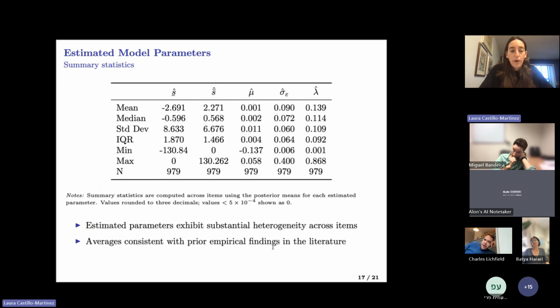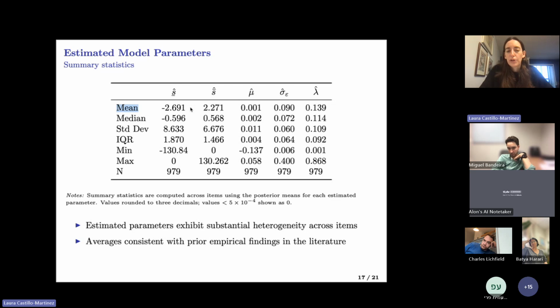Let me run you through the estimation of the model parameters. We're doing this for every single item, and we're going to be reporting the average of each of these parameters, and then some measurements on how to capture the heterogeneity. Two things that I'd like you to take away from here: if you look at the mean, the average, it looks very much like prior findings in the literature.